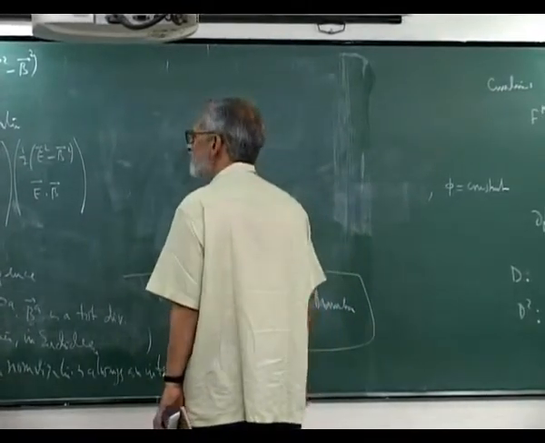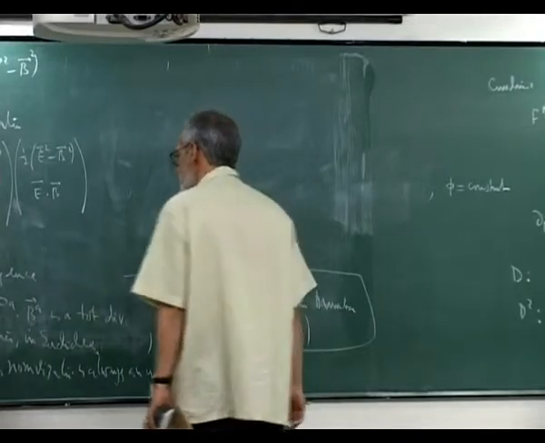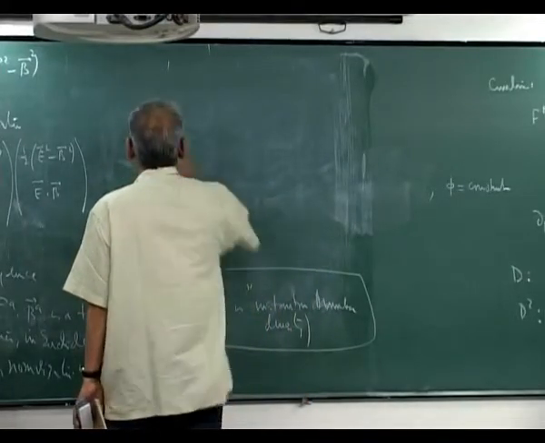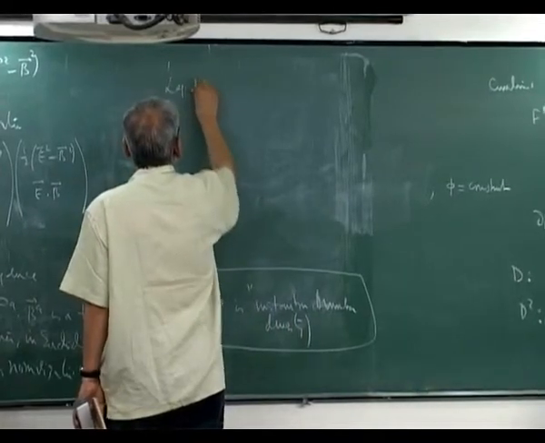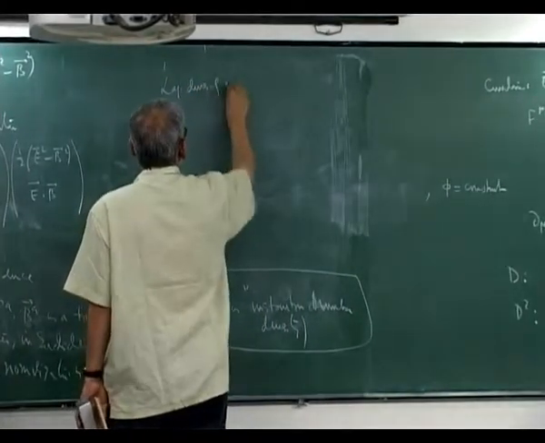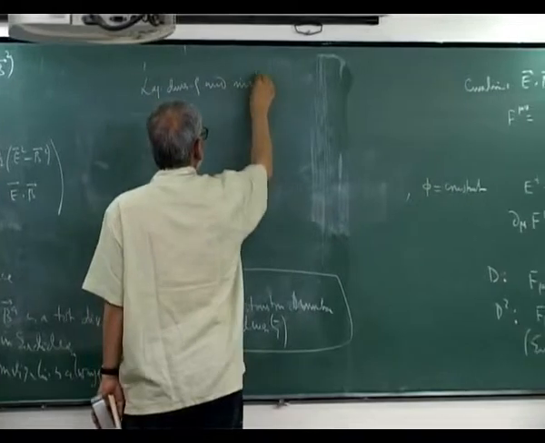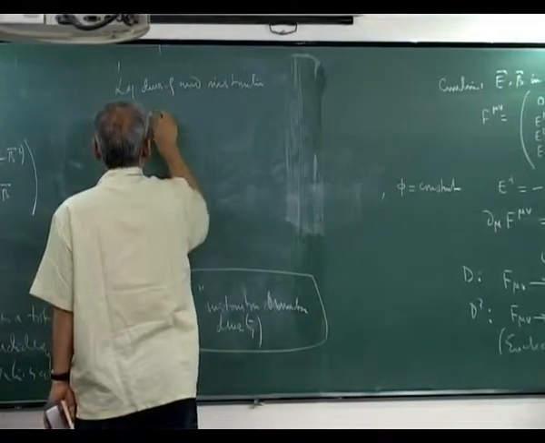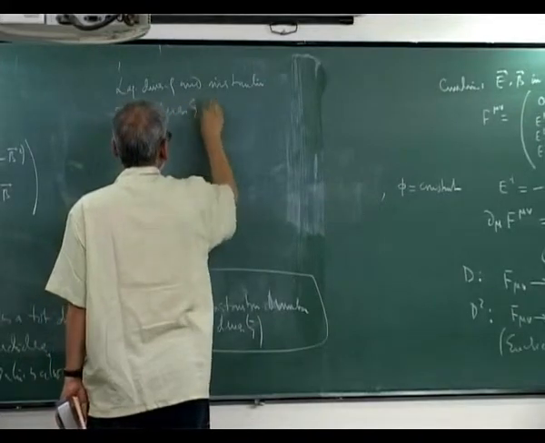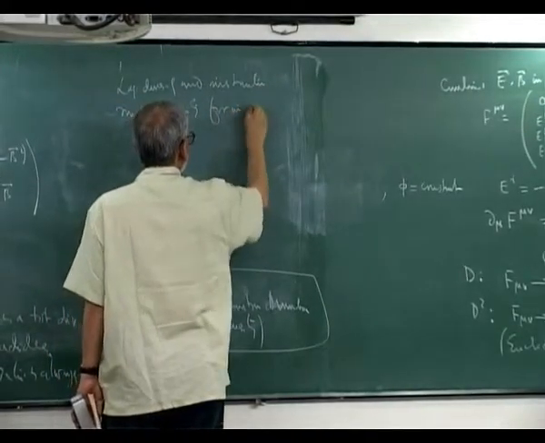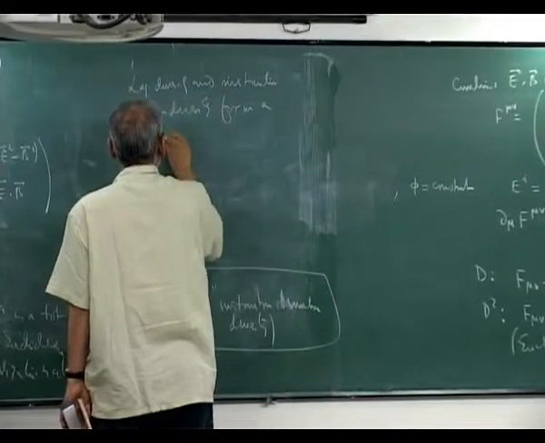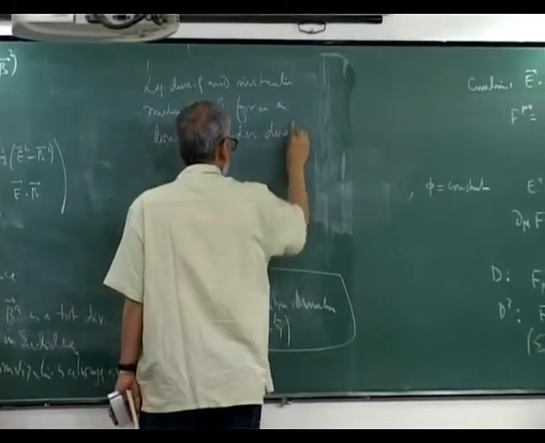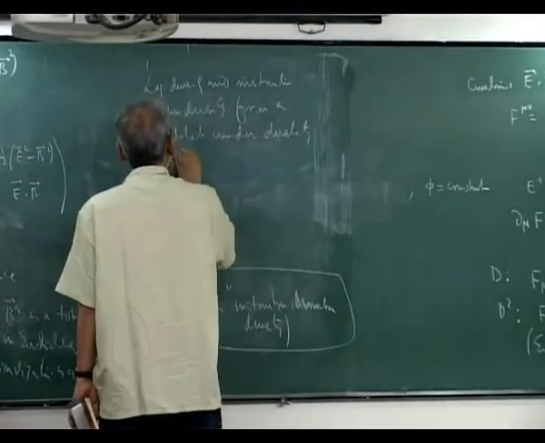So what have we learned? We have learned that the Lagrangian density and the instanton number density form a doublet under duality rotation.